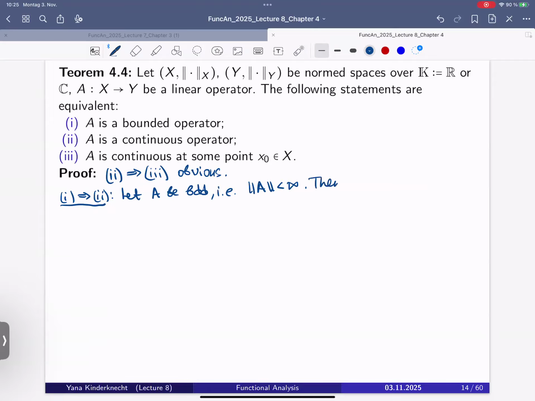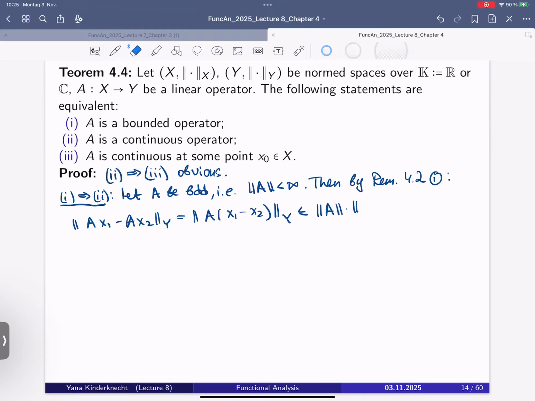Then, by remark 4.2, part 1, the norm of A x1 minus A x2 in Y, which is the norm of A applied to x1 minus x2 in Y, is smaller or equal to the operator norm of A times the norm of this vector x1 minus x2 in X. And this holds for any x1, x2 in X. And this means that A is Lipschitz.